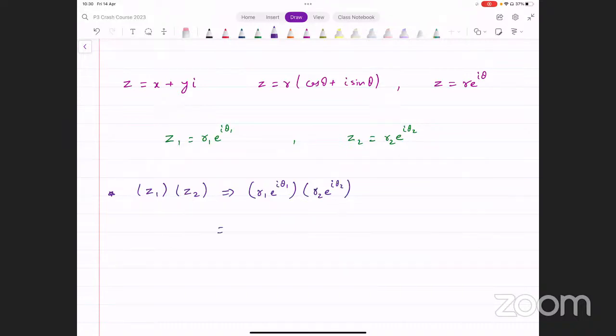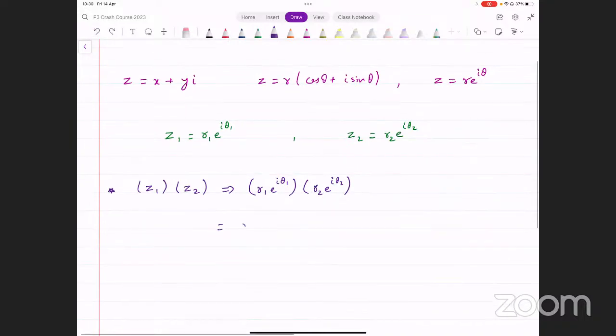Now let's simplify this. r1 into r2 gives us r1 r2 into e raised to power iota theta 1 and e raised to power iota theta 2. They have the same base, that's e, so their powers are going to get added. And we get iota theta 1 plus iota theta 2.